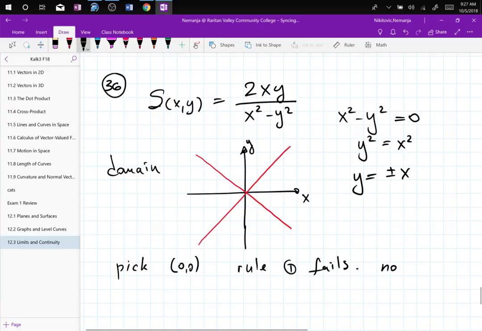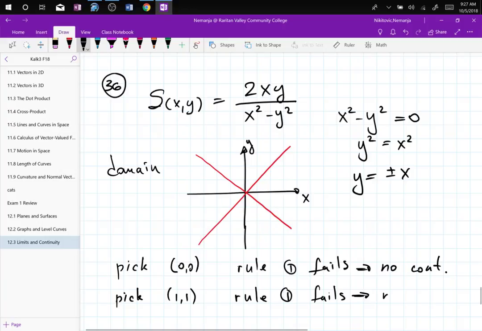No continuity, right? Immediately implies no continuity. If you pick 1, 1, again, rule 1 fails immediately, because you have 2 divided by 0, right? 1 squared minus 1 squared is 0.